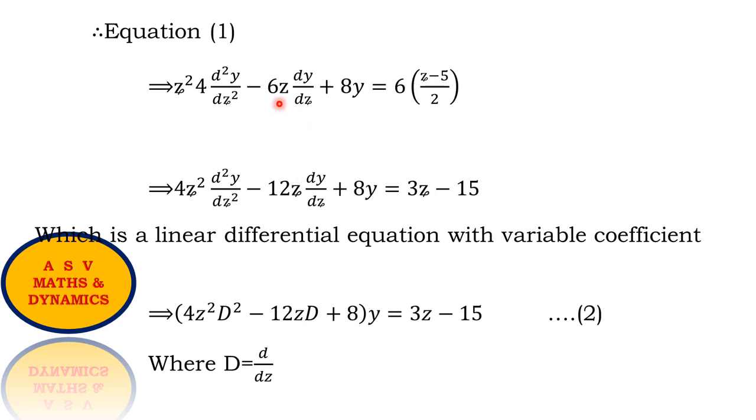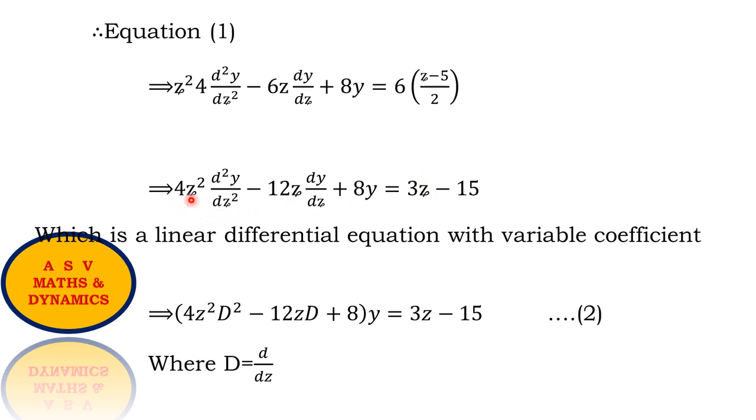So in the 6 into 2, 12z dy by dz plus 8y. The 6 and the 2 you can cancel, then the remaining is 3 minus 15. In this case I missed the 2, because d by dx is equal to 2 into d by dz. So 2 into 6, 12.